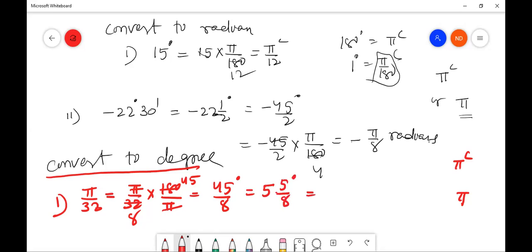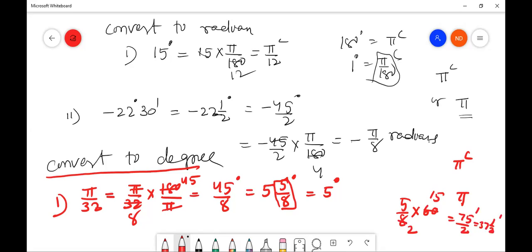So that means you can see 5 degrees. Now 5 by 8 degree means what? 1 degree is 60 minutes, so 5 by 8 degree means 5 by 8 into 60 minutes, which is 75 by 2 minutes. 75 by 2 means 37 and a half minutes.